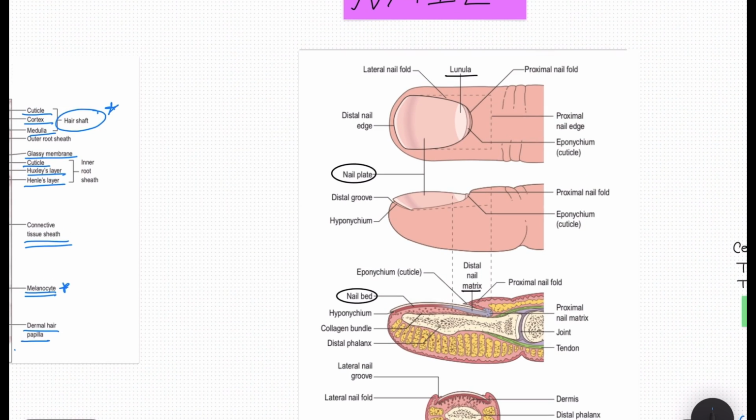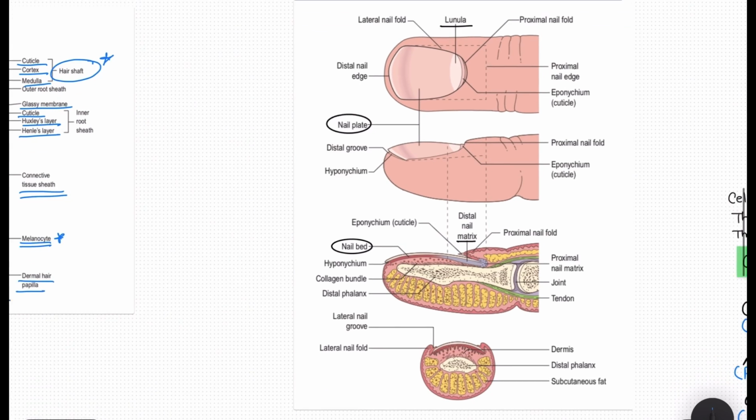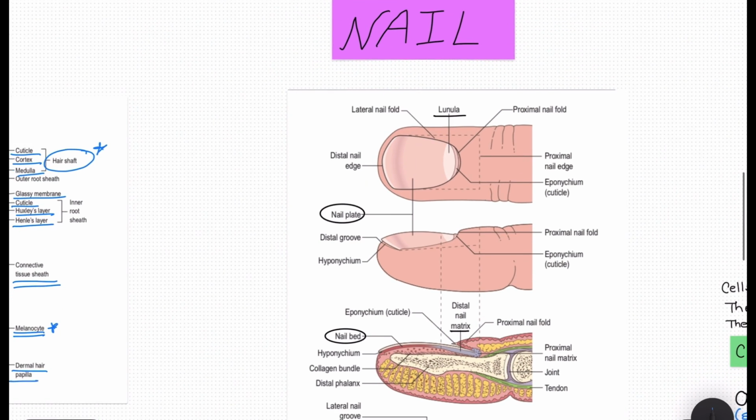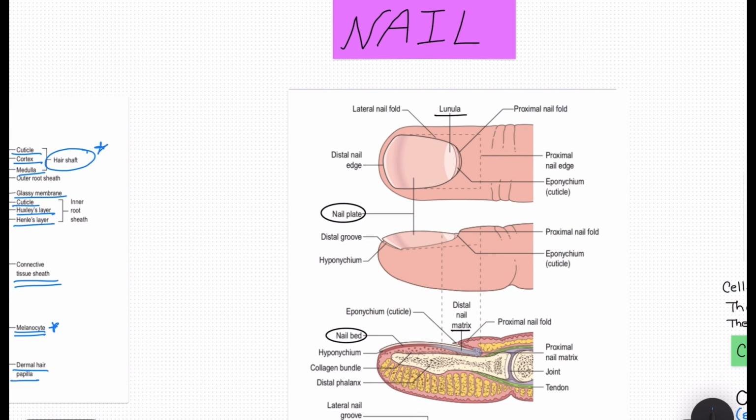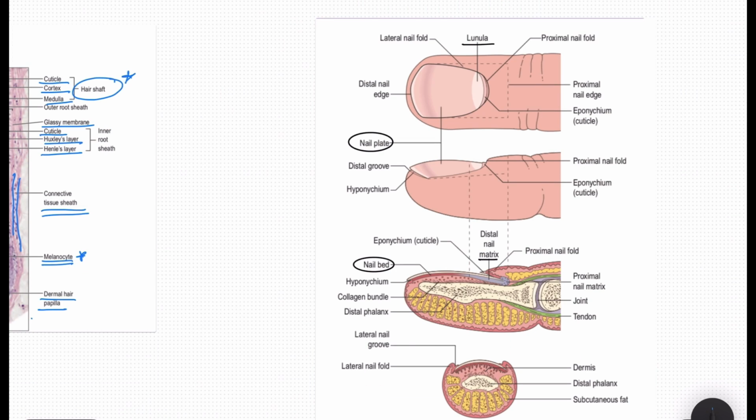Then come to the structure of nail. Then see the structure of nail. So this one is distal nail edge, and this one is proximal nail edge. Okay. This is proximal and this is distal. Then this whitish portion which is semilunar, it is lunula.